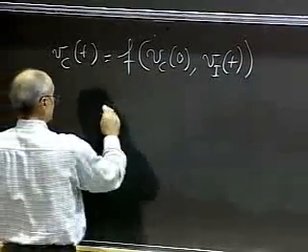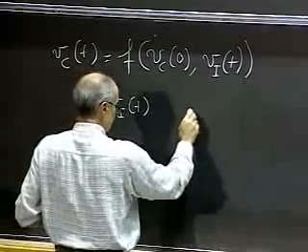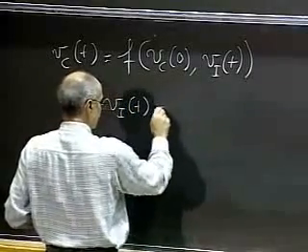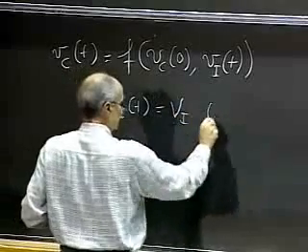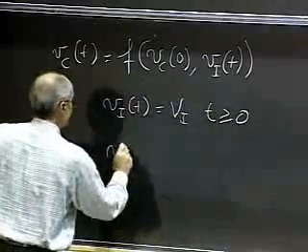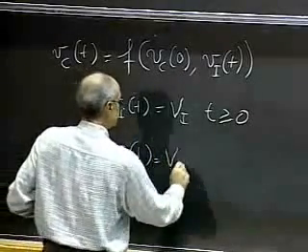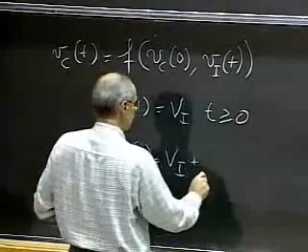And for the case of Vi of t being constant Vi for t greater or equal than 0, we have the equation that we just described. Nothing new.